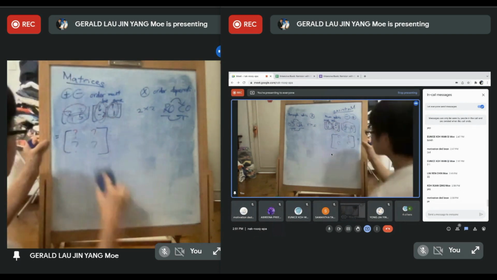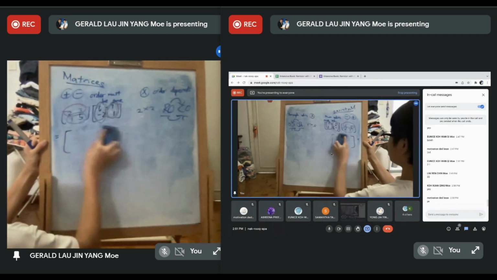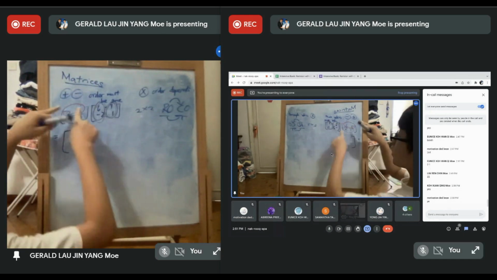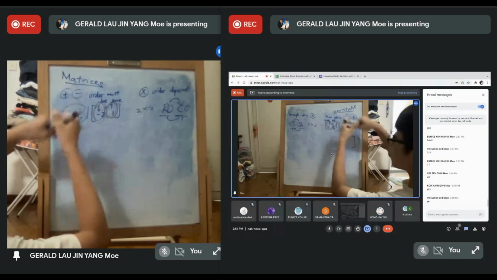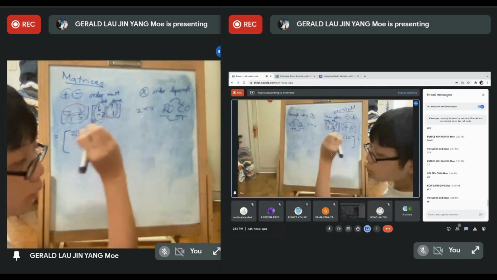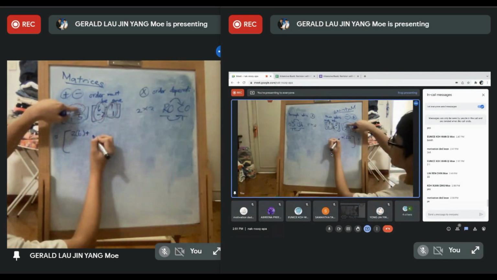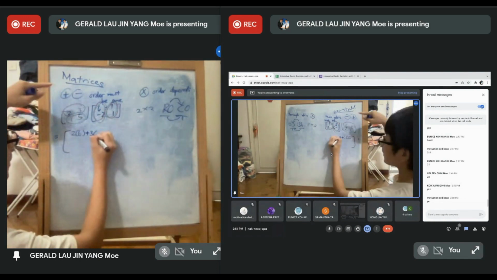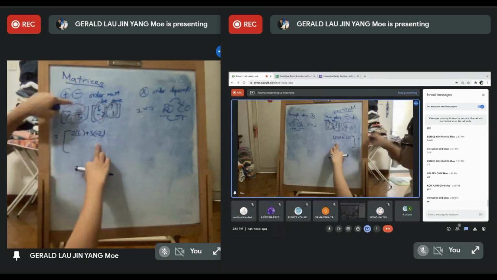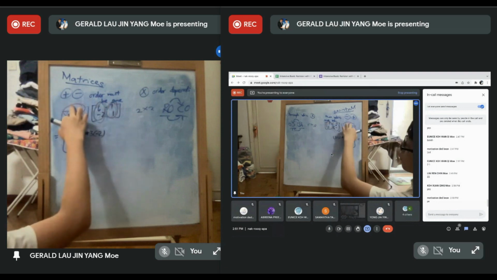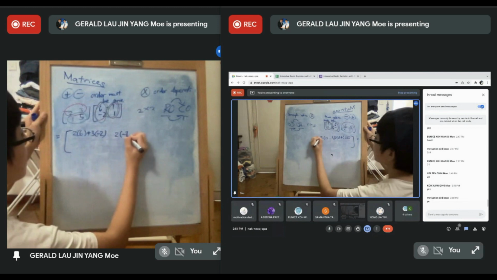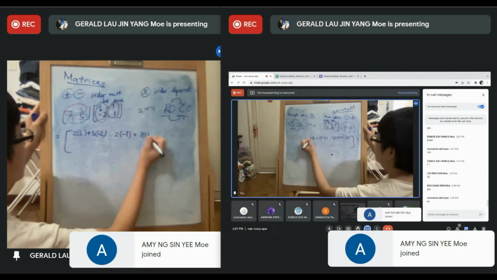Now let's see how we solve this. First row times first column: 2 times 6, plus, always plus, 3 times negative 2. Done. First element finished. Now the second element. First row, second column, row column: 2 times negative 7, plus 3 times 1.